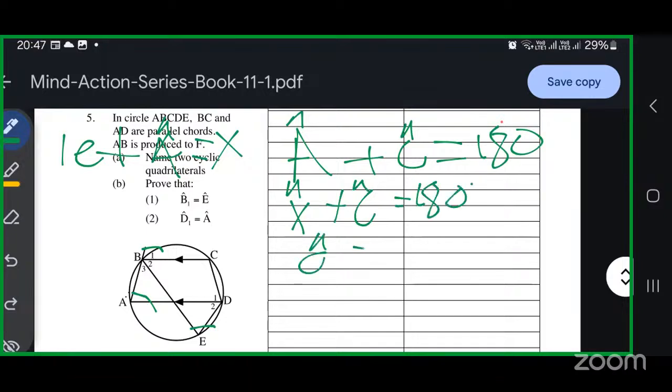Therefore, angle C is equal to 180 degrees minus x. Now we want angle D1. Angle D1 and angle C are co-interior angles, so they are supplementary. Angle C plus angle D1 is equal to 180 degrees, reason being co-interior angles are supplementary. Do you guys agree to this?